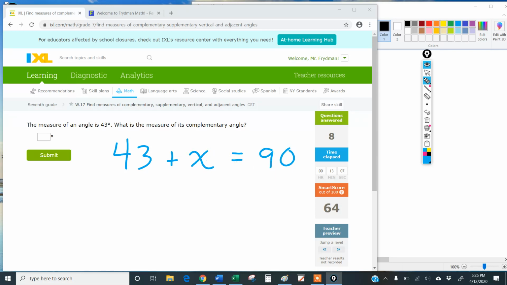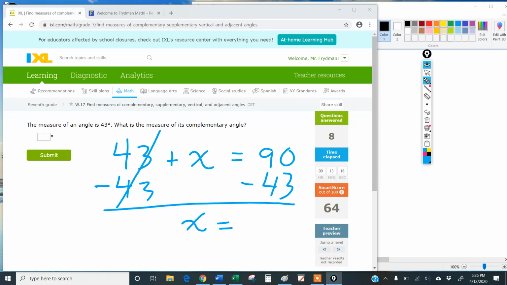So just subtract 43 from both sides. You've seen me do this about a million times already in this video, and we're going to get 47 there. Right, and just to check that, 43 plus 47 does equal 90.